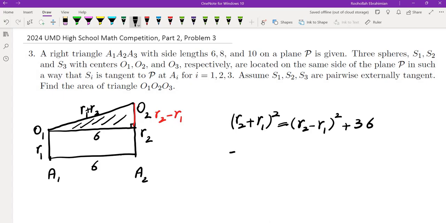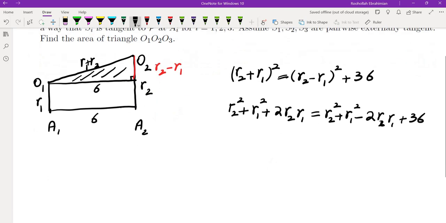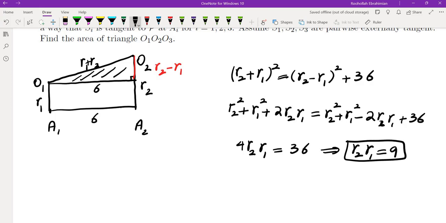If we expand this, we get R2 squared plus R1 squared plus 2 R2 R1 equals R2 squared plus R1 squared minus 2 R2 R1 plus 36. Canceling R1 squared and R2 squared, we get 4 R2 R1 equals 36, which means R2 R1 is equal to 9. So this is the first equation that we get.